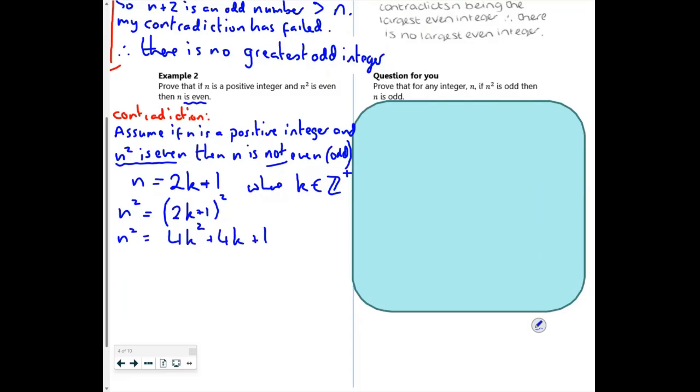Now, remember, an odd number is 2 lots of something plus 1. So I can see this as two lots of k squared plus 2k plus 1. So I've got two lots of something plus 1. So n squared is an odd number. So n squared is odd.